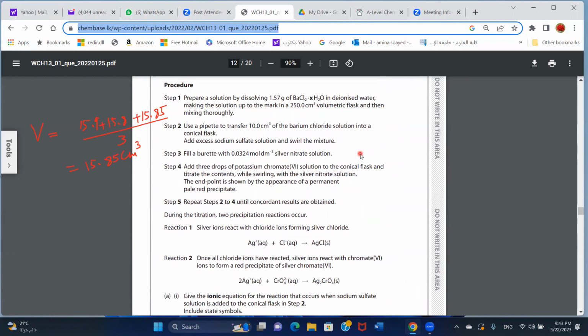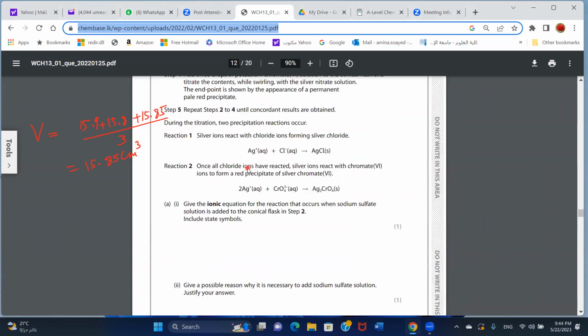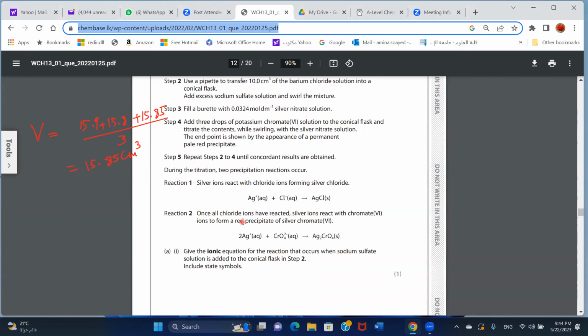To find out the number of moles of barium chloride. Okay, they are titrating with what, Alishba? What is this titer? Here they said what? What was the titration between what and what?